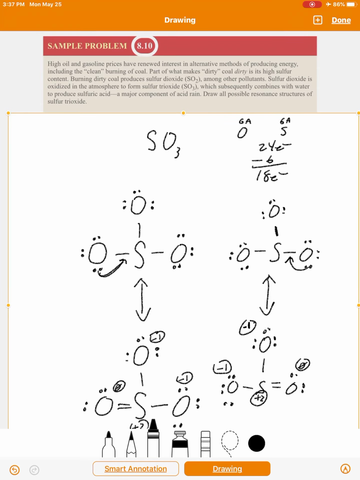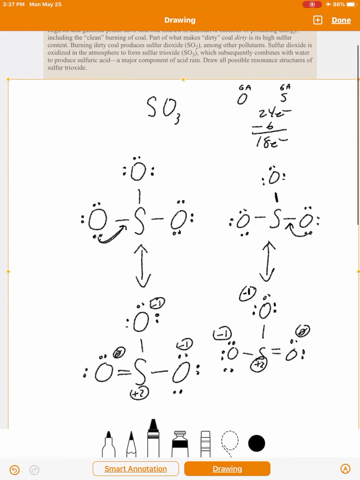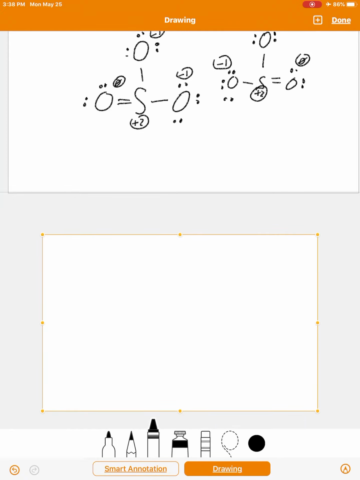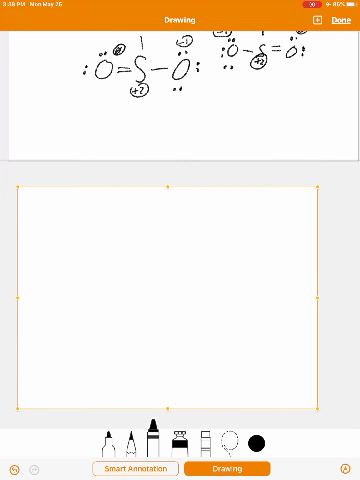And then I can do one more. Now I'm running out of room here. Could have done it over here on the left. It's a little tight there. So I'm going to start over here. And again, we're going to put in 18 electrons. It's a really good method for doing Lewis structures.